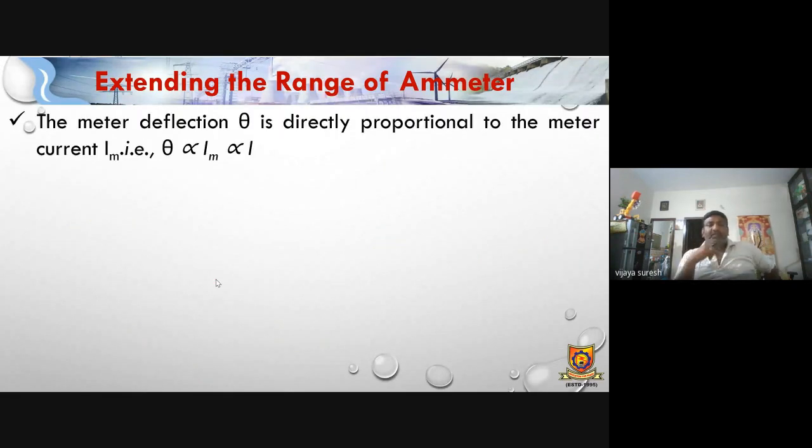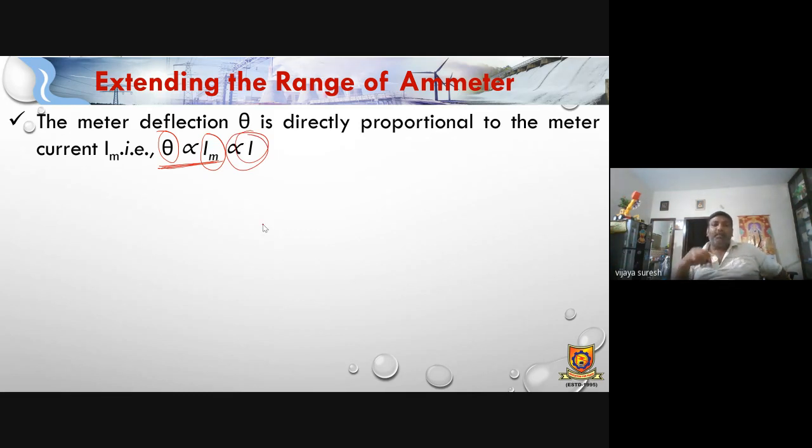Now, the meter deflection theta. Definitely the meter will have a certain amount of deflection theta. It is directly proportional to the meter current Im, as we have already derived in several expressions. That is, theta is proportional to Im, nothing but the angle of deflection is proportional to the meter current, which is also proportional to the current to be measured.